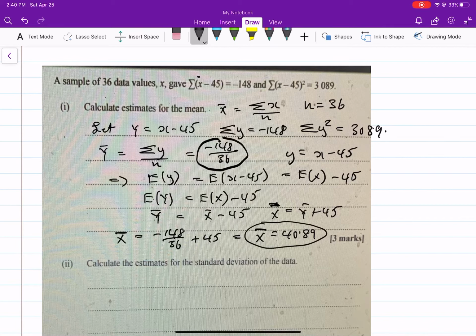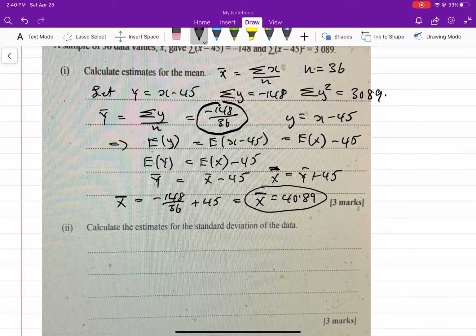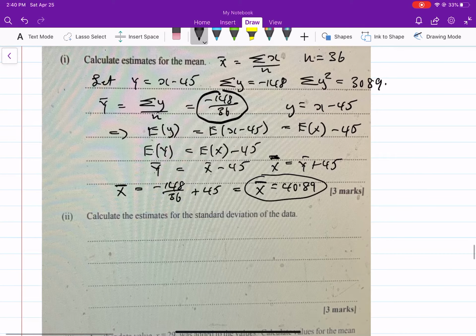Good. So calculate estimates for the mean. Just did that. It's an estimate. Calculate the estimate for standard deviation. Okay, well, sy squared is equal to sigma y squared upon n, minus y bar all squared.